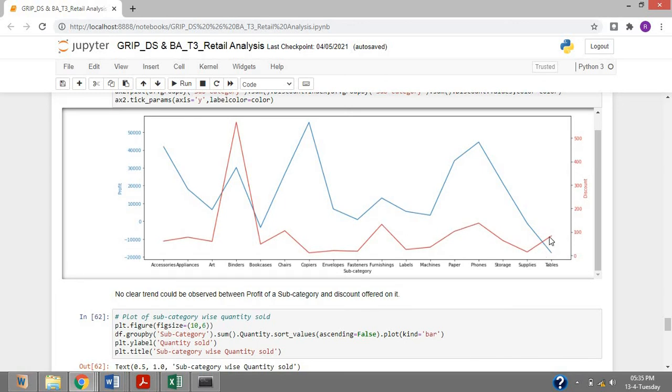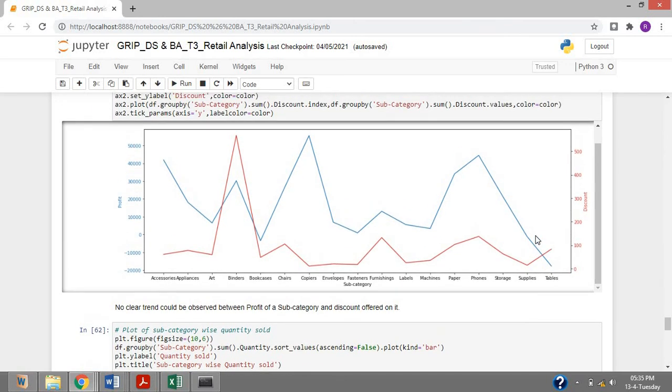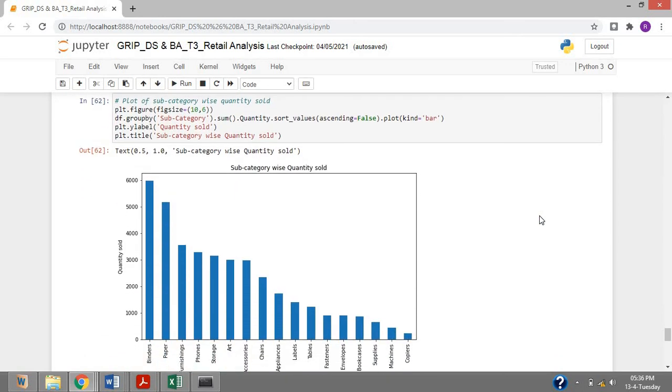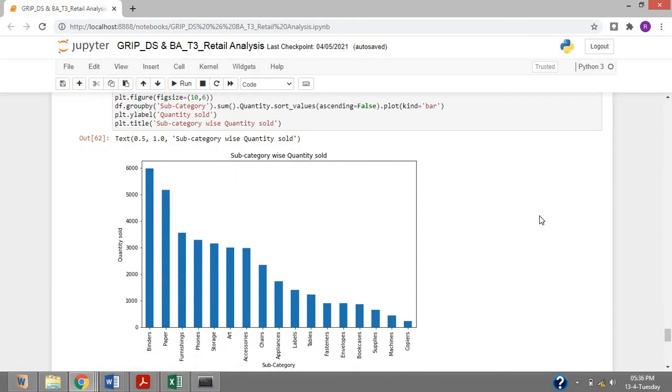From supplies to tables, discount has actually increased, whereas the total profit for tables is still coming down. It is loss making. So it is not very clearly evident. We cannot specifically say that more discount aids in getting more profit.